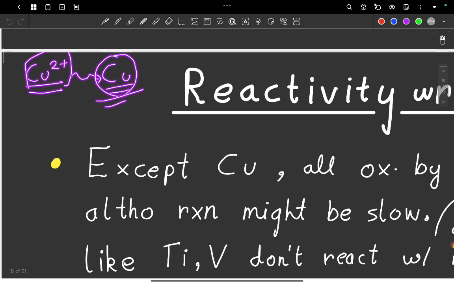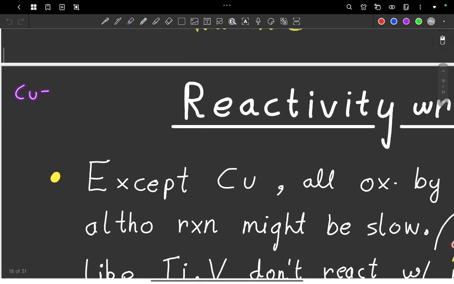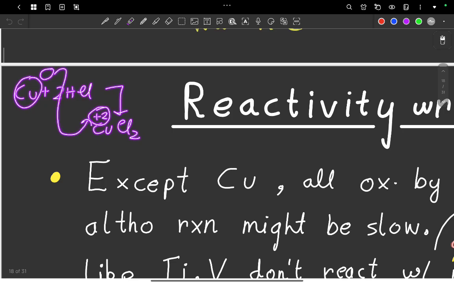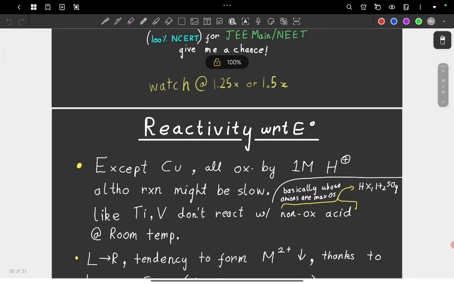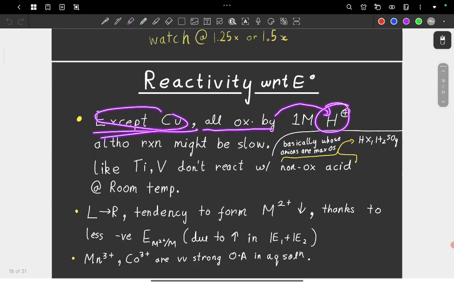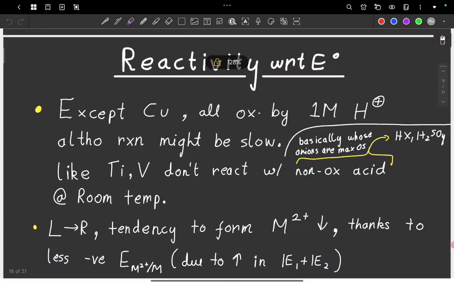And this is the reason why it cannot undergo reactions like Cu plus 2 HCl gives CuCl2, because here it has gotten from 0 into the +2 state. So this is an oxidation reaction, and we are told that except for copper, everyone can be oxidized by 1 molar acid, but copper cannot. Okay, so keep that in mind.